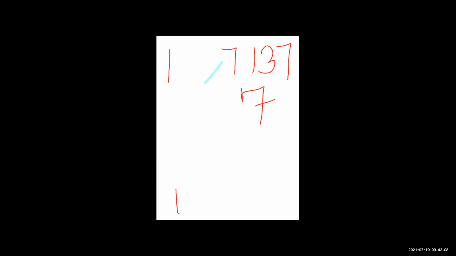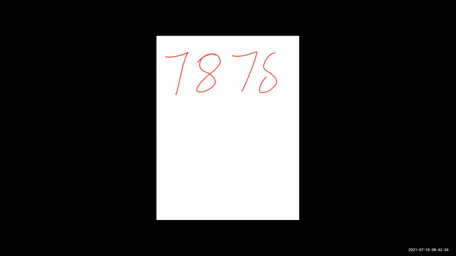Now let me go forward to see one more example of a pattern. Okay, I'll give you one example. The example is 7 8 7 8. What will come next?